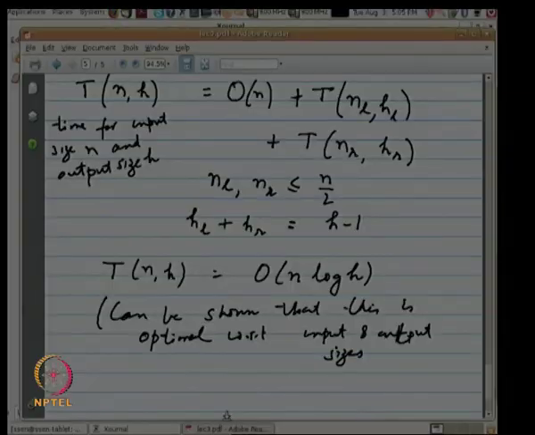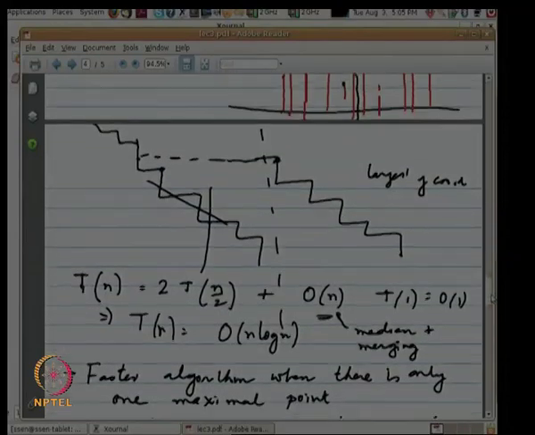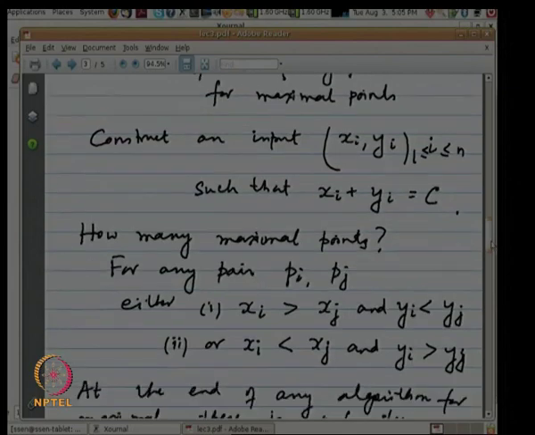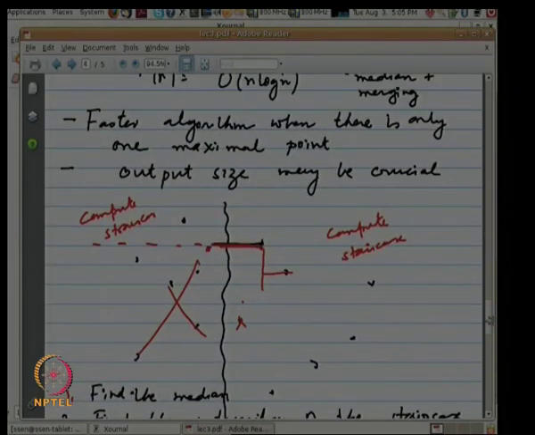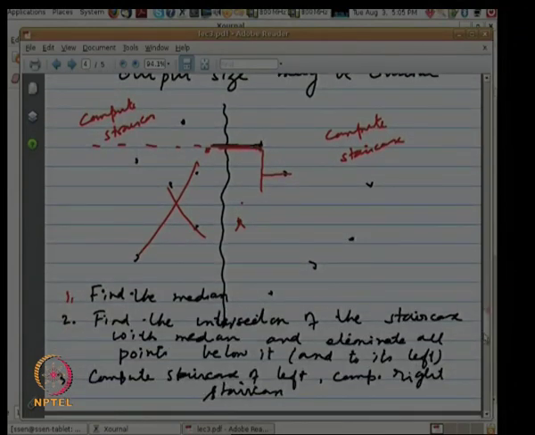Okay, let me just recap that. So, we discussed essentially 3 techniques. So, one was the traditional divide and conquer. Then we discussed something that, well, I did not give it a name, but when we started scanning from the highest x coordinate towards the lowest x coordinates and maintained some kind of information, okay, as we move from the highest to the lowest x coordinate, maintain the information about the highest y coordinate, right.